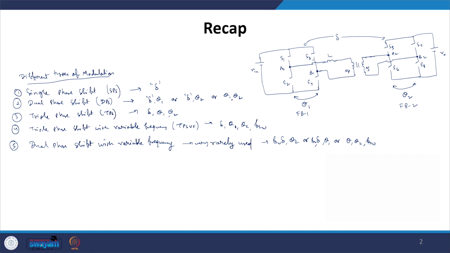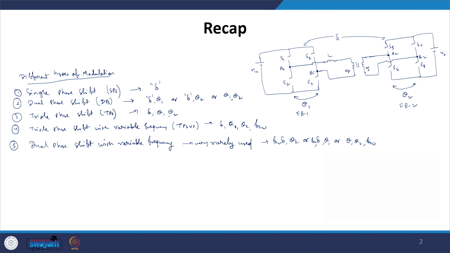Similarly, S7 is shifted by delta with respect to S3, and simultaneously between S6 and S2, and S8 and S4, there will be a phase shift of delta in the turning on and off instances.